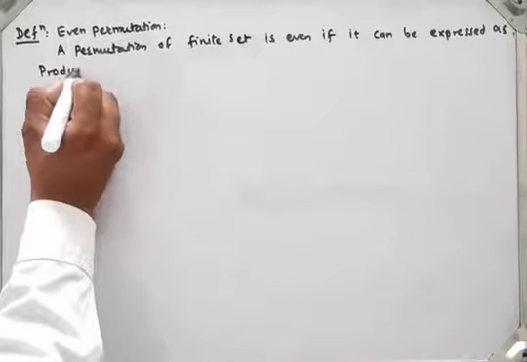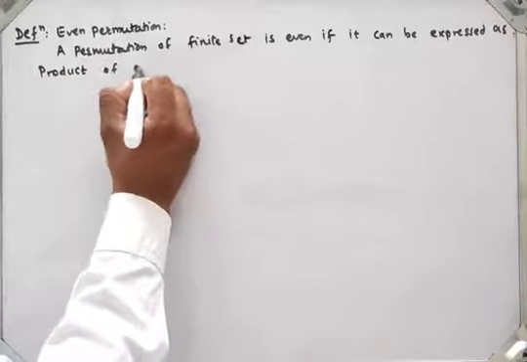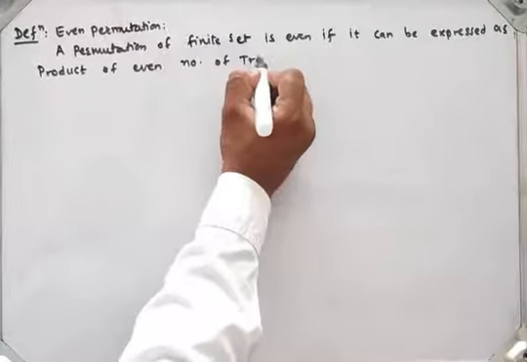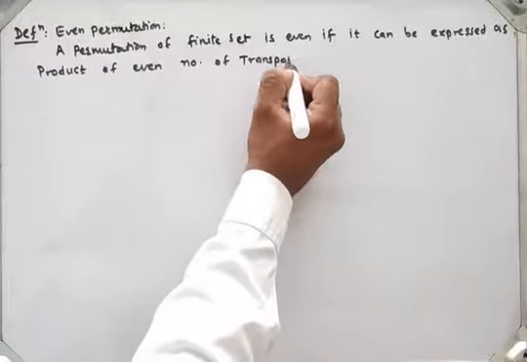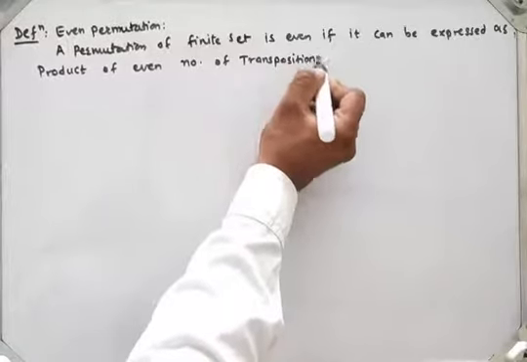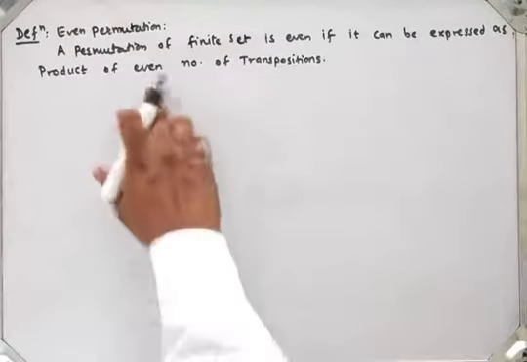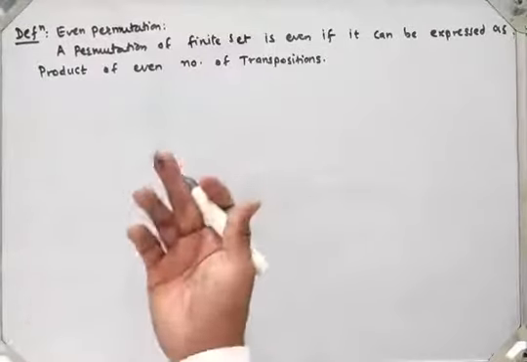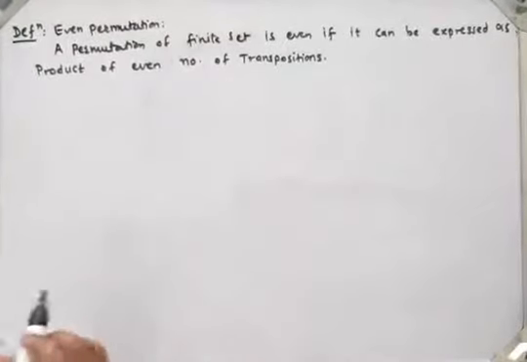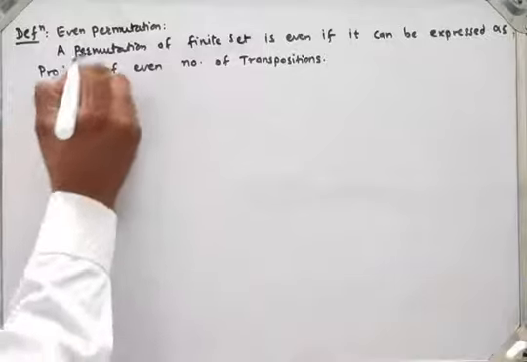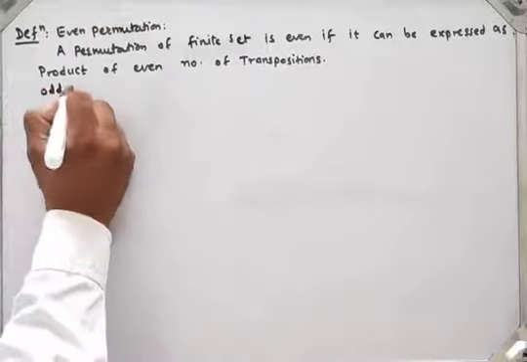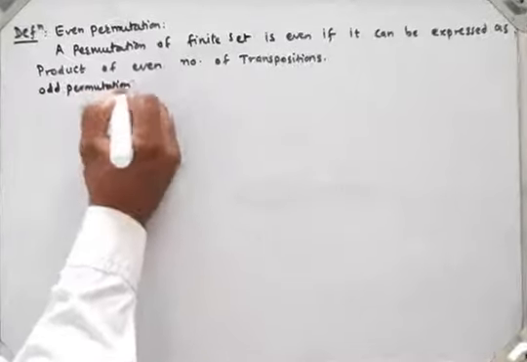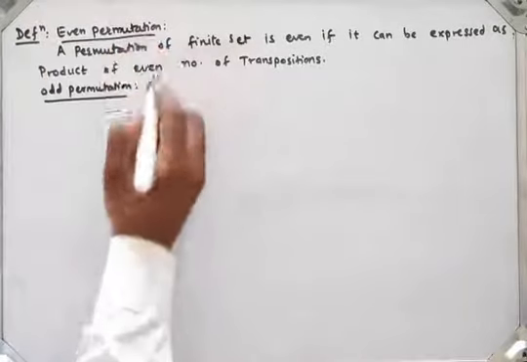A product of an even number of transpositions is called an even permutation, and a product of an odd number of transpositions is called an odd permutation. So the second is an odd permutation, and this is an even permutation.